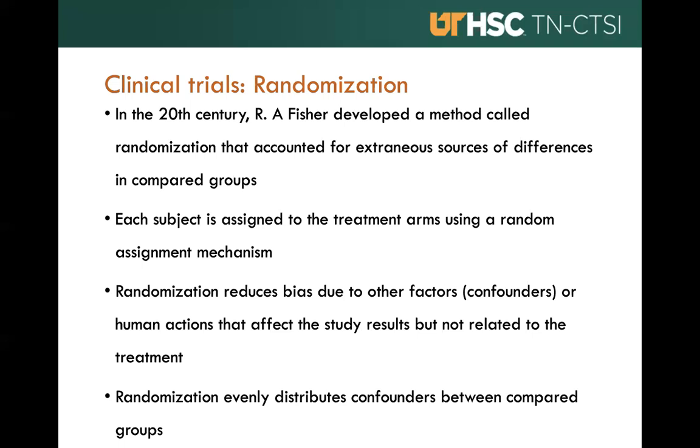If the two groups are not comparable in terms of age, gender, BMI, and many other characteristics, the difference might be due to the difference at the beginning of the study rather than the drug being compared. So randomization reduces such other sources of bias or confounders. And when we say randomization, it means a random assignment of a participant into the treatment arm and the placebo or control arm. So randomization evenly distributes confounders between the compared groups.